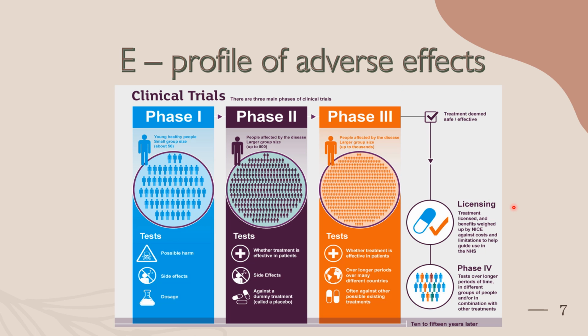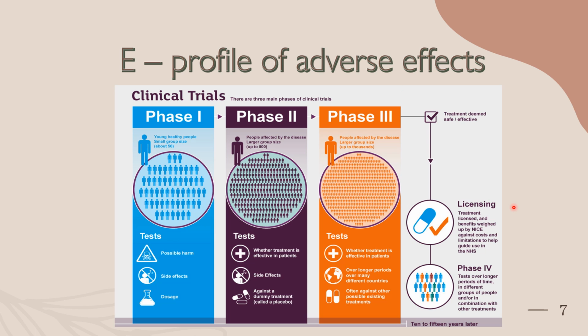Phase 3 is when an even larger group, up to 1,000s, are being tested. So you are identifying whether the treatment is effective, again in patients and over long periods and over many different countries. Again, often tested against existing treatments. Now the treatment, when they are deemed safe or effective, is licensed for marketing and distribution among patients in different countries.